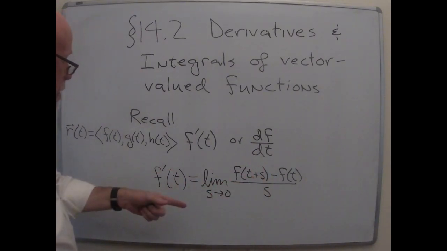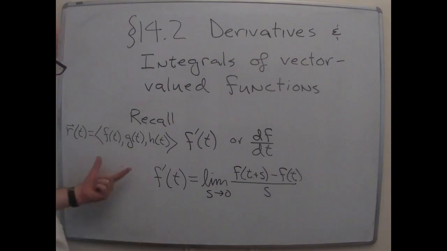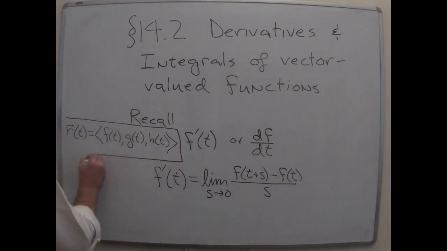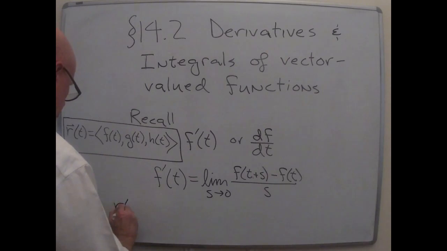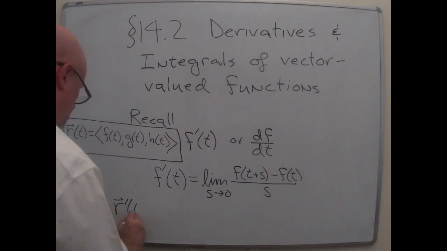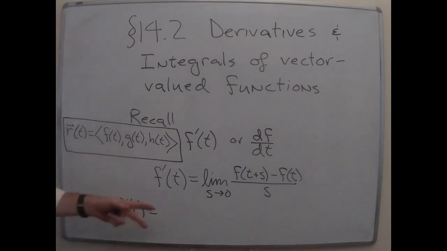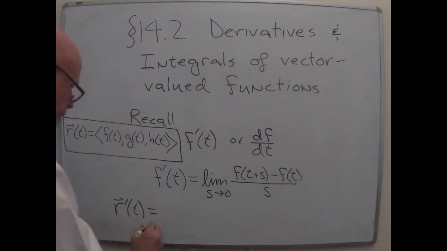And now that we're using s as the thing that's going to 0, we can say this in terms of our vector function. So I wrote it up here. Let me try to make sure this doesn't get lost. That's just, let's say, a standard way to refer to the position vector r of t. I'd like to get the derivative of r of t. And we just work by analogy.